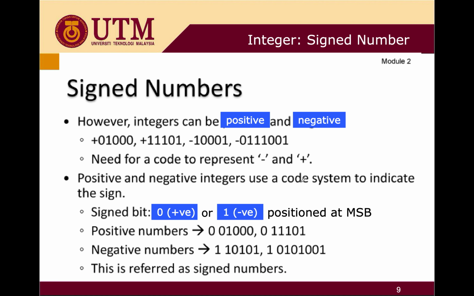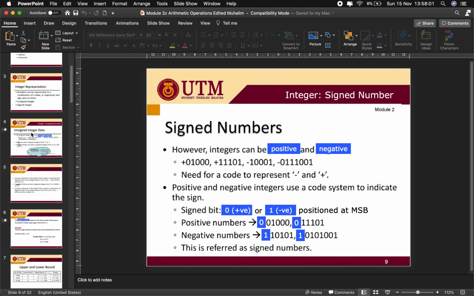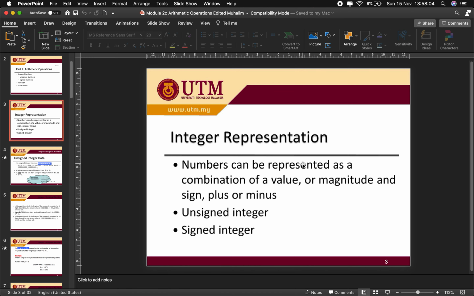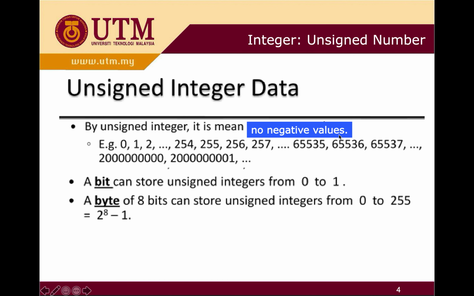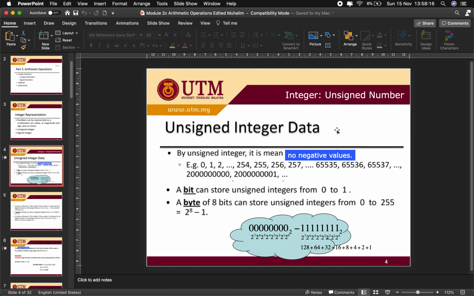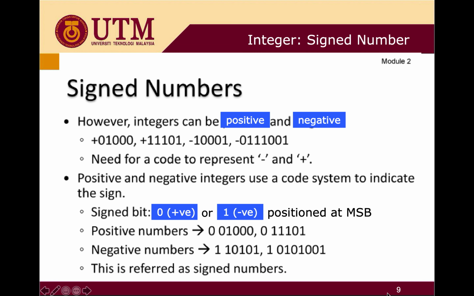For unsigned, that we already looked into, if you can see over here, unsigned numbers have only positive values, no negative values. Now when you move to a new section, which is signed numbers, you will see that signed numbers have positive and negative values.